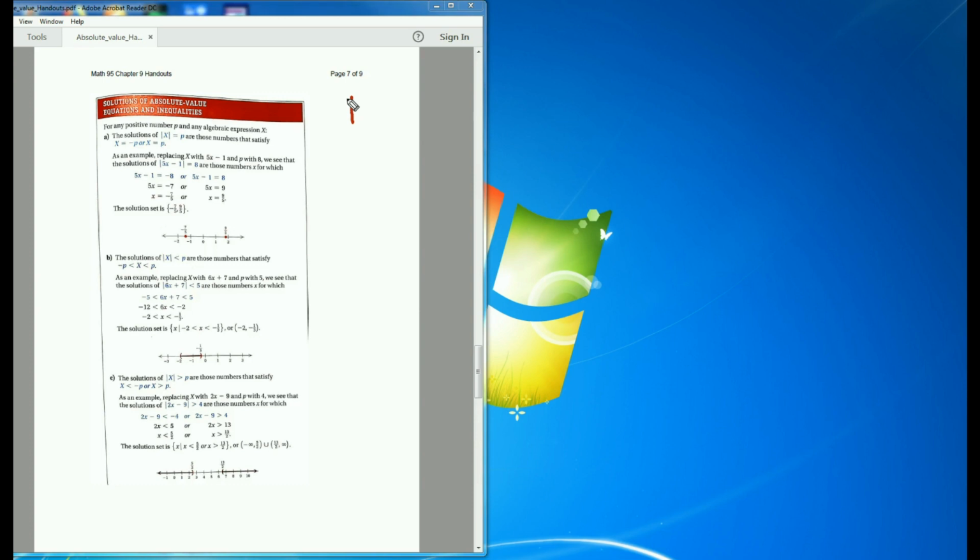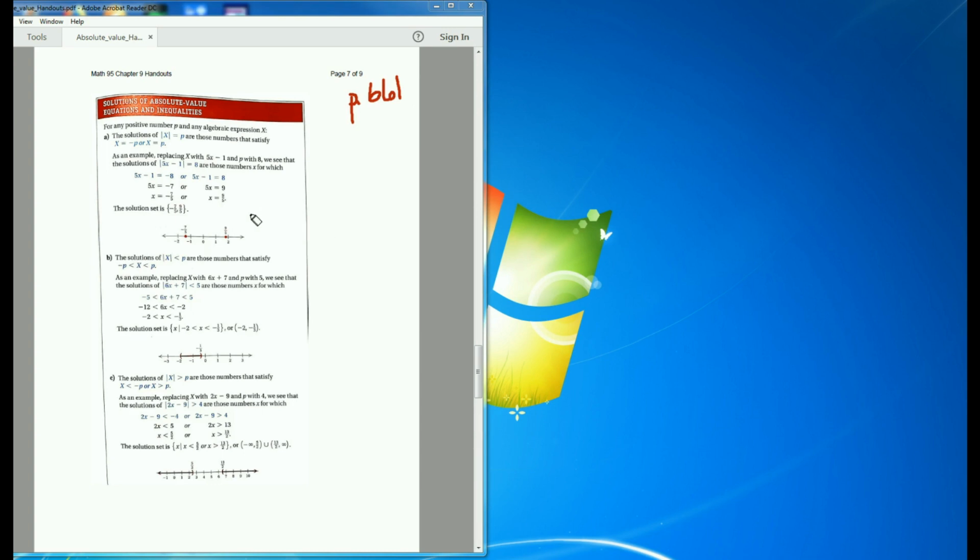It is on page 661 of our textbook. Okay. And this is a really, really great summary of the methods for solving absolute value equations and inequalities.